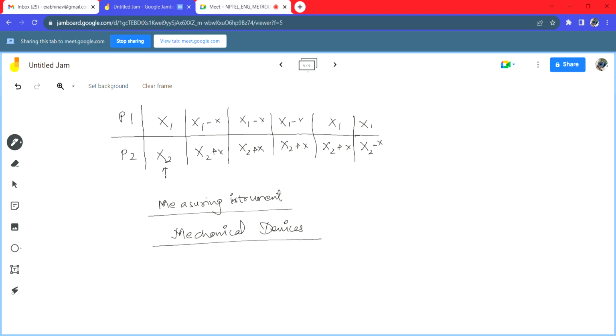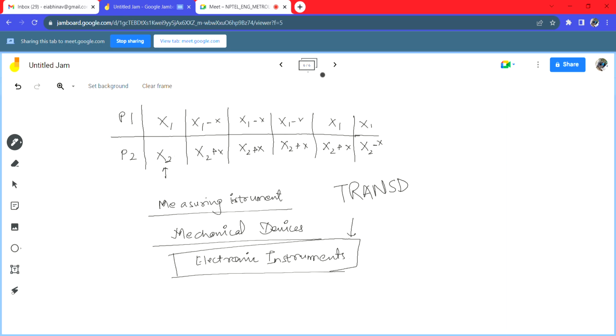But with the advancement in electronic technologies, we have moved towards electronic instruments. And in the core of these electronic measurement instruments, there is a thing that is called transducers. Now we will go on to these transducers in the next slide.